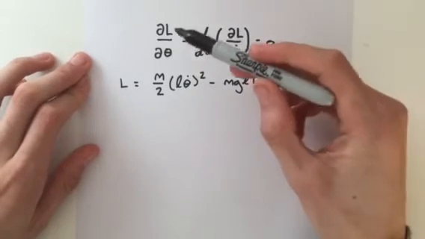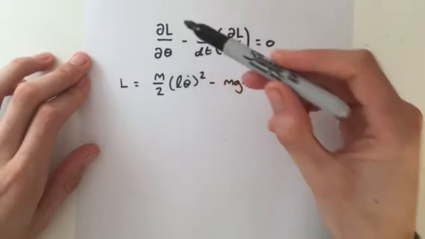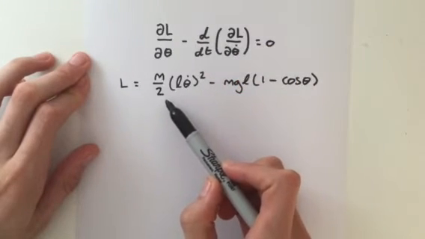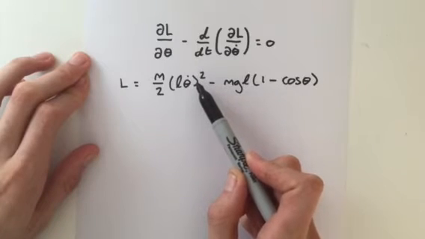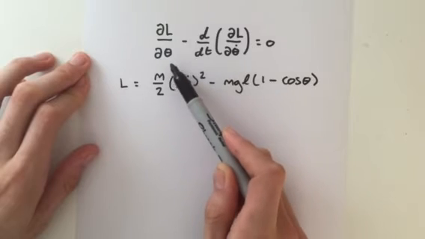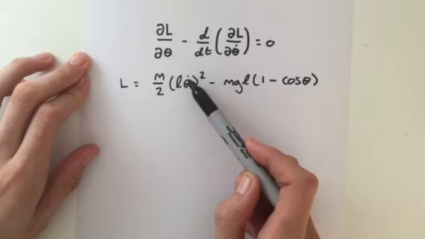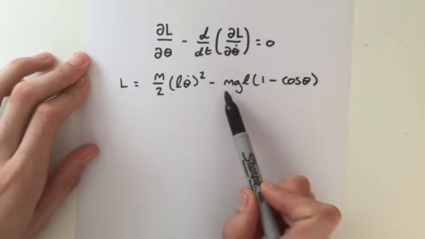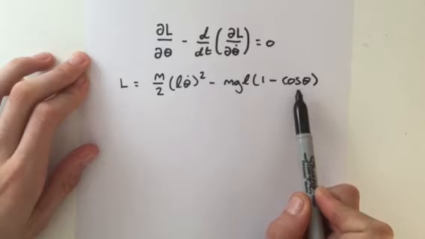So let's first do dL by d theta. This side of the equation here, m over 2 L theta dot squared, or kinetic energy, is going to be treated as a constant. Theta dot is not theta, so that, when we differentiate, goes away. So we just need to focus on this here, mgL times 1 minus cosine theta.